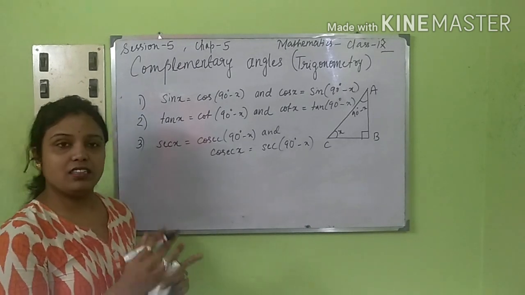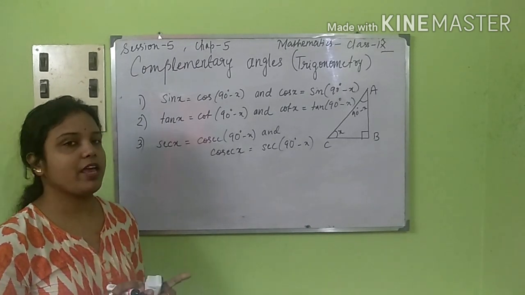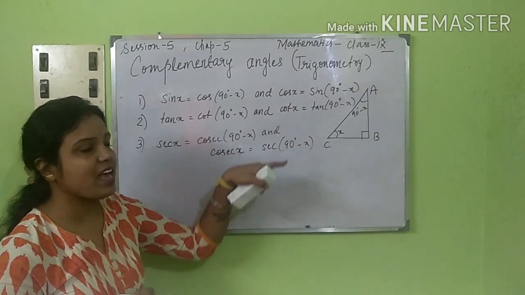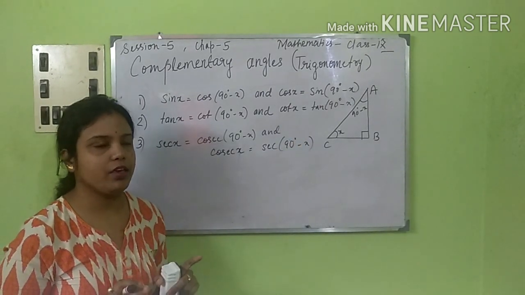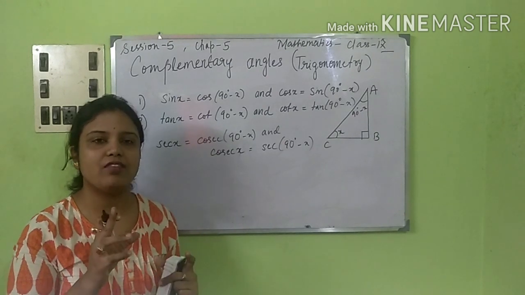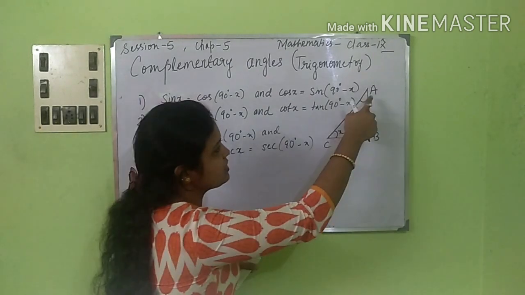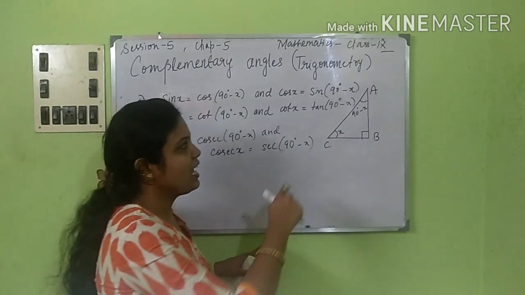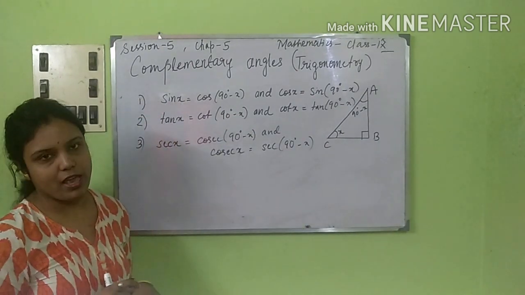Coming to the other forms, I said complementary angles, right? While teaching that these 3 angles make 180 degree, I uttered 2 things. One is A plus C is equal to 90 degree, and I said A and C are complementary angles.